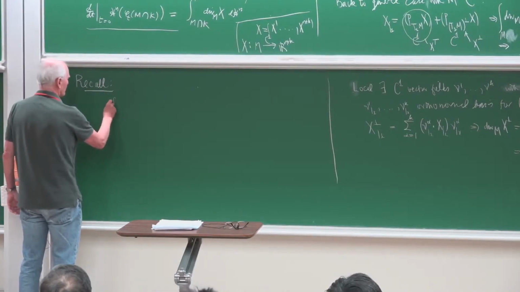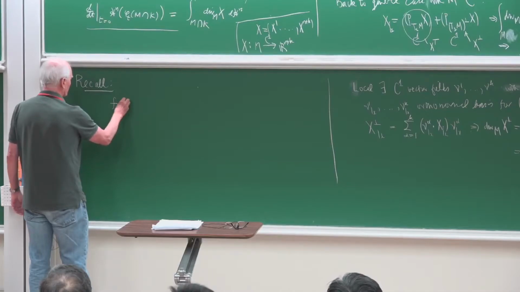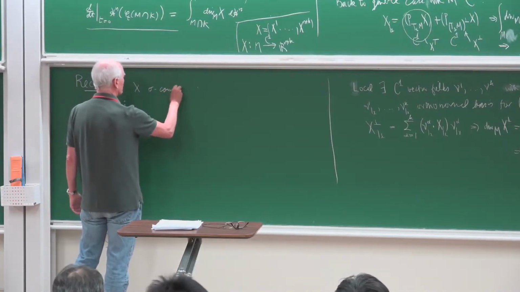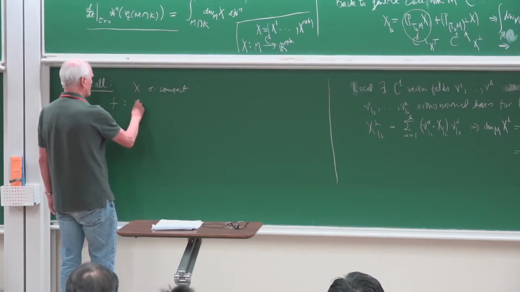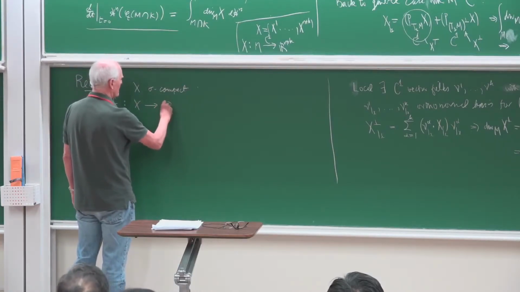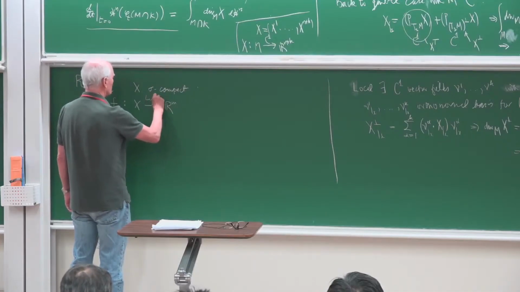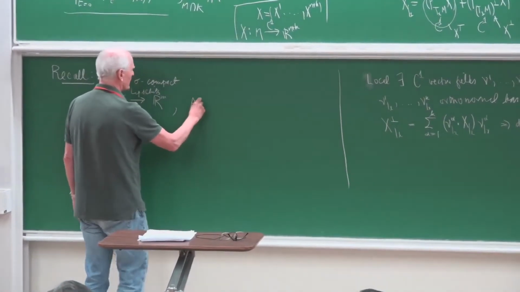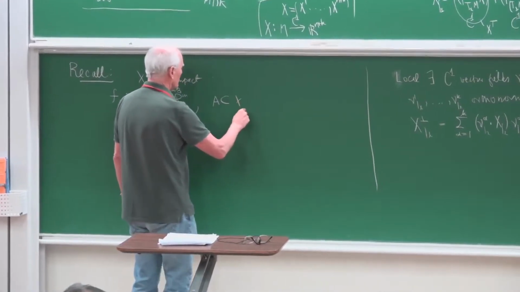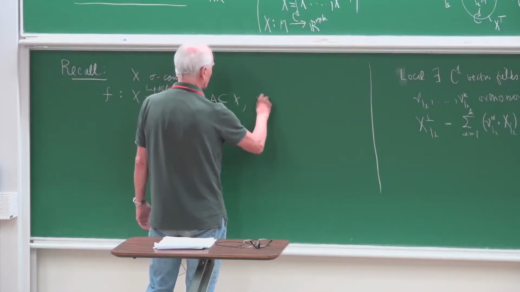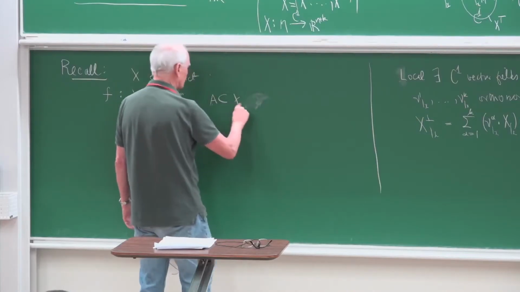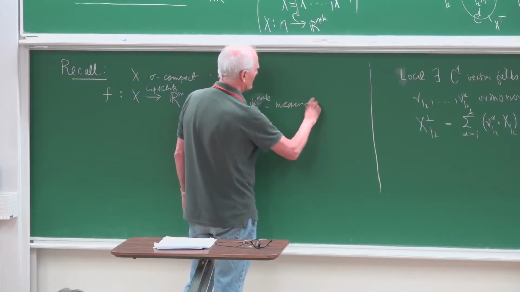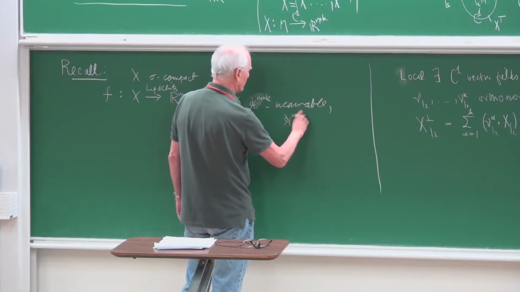Remember, if we were in a sigma compact metric space X, and we had a Lipschitz map f mapping into R^m, and we had a subset A contained in X with H^(m+k) measure finite, this had to be H^(m+k) measurable.